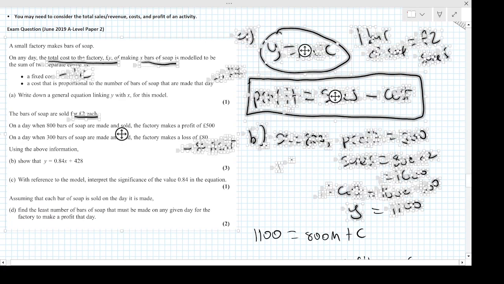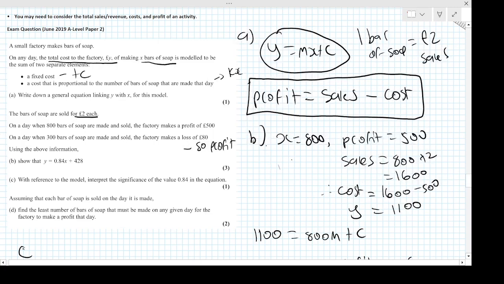Then for part C, I'll do part C here. With reference to the model, interpret the significance of the value. Again, interpret is the key command word. It means describe it in terms of the real life context of the problem. Interpret the significance of the value 0.84, where 0.84 is your gradient. Remember that describes that as x increases by 1, y increases by 0.84.